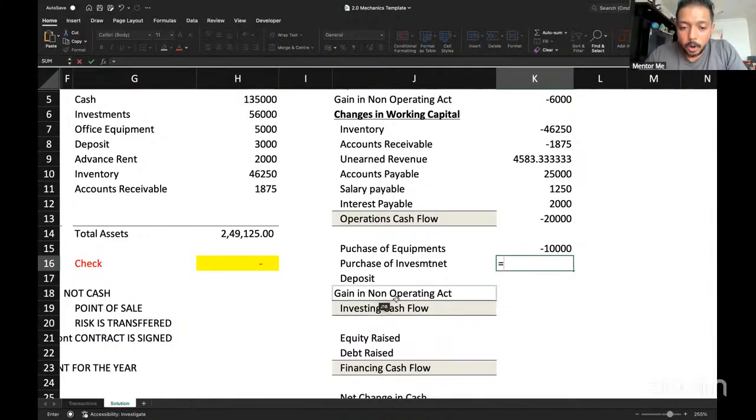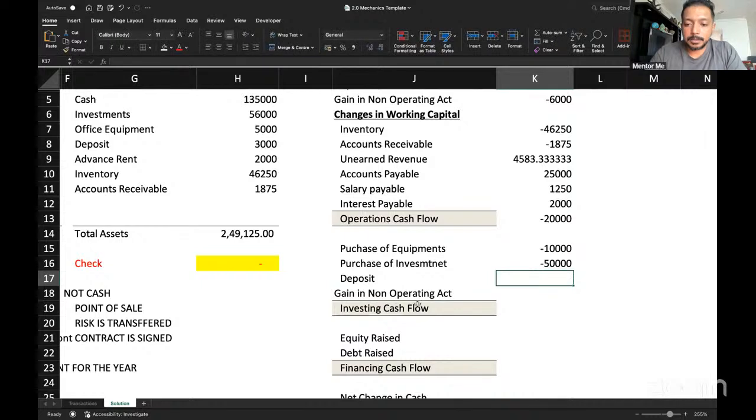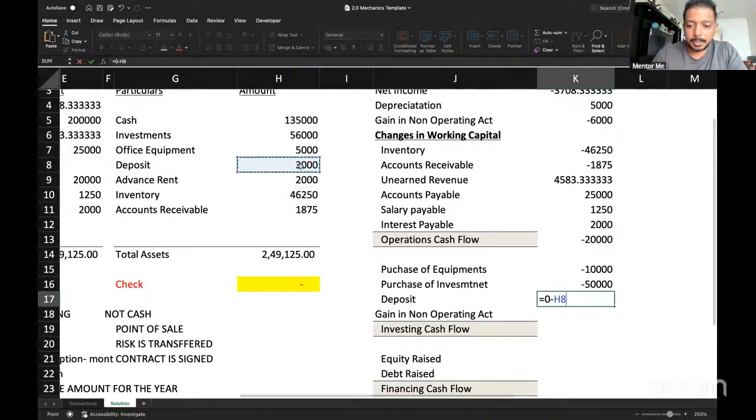And the gain in non-operating act we will add separately. But initially, the investment that we did for mutual funds is 0 minus 50,000. Deposit is an asset account or a liability account? It's an asset account, right? So it was 0 minus 3,000.